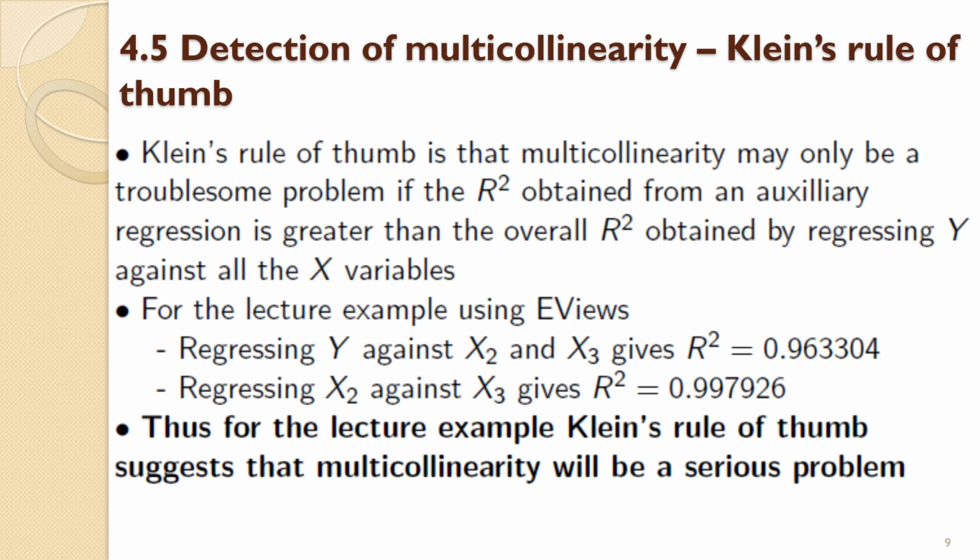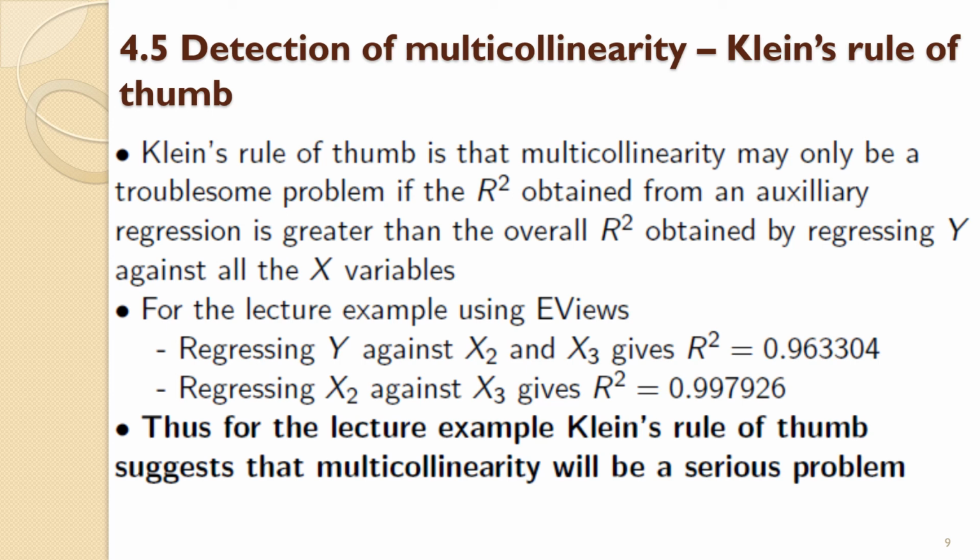So for this lecture example, we could just look at the data and tell instinctively, because the data set was so nice and easy, that there was a problem with multicollinearity and the level of pairwise correlation was so high. But in this case, if you do the auxiliary regression, if you regress y against x2 and x3, this gives an R-squared value of 0.963304, but instead if you regress x2 against x3, the R-squared value is even higher, 0.997926.